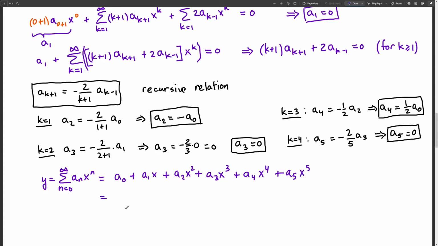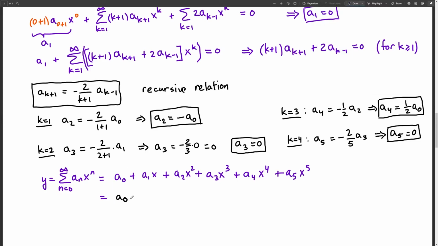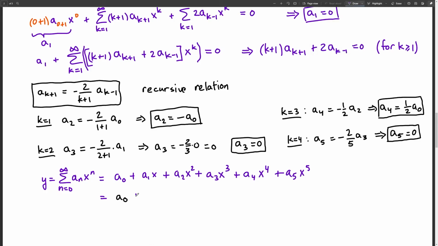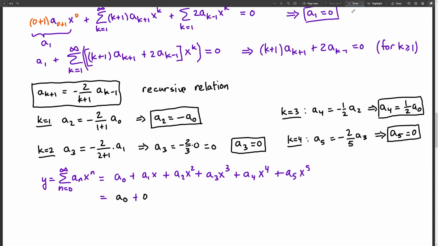So let's plug in what we know. A0, we cannot determine what that is because that depends on the initial condition. But then a1 is 0, so we get 0 times x.